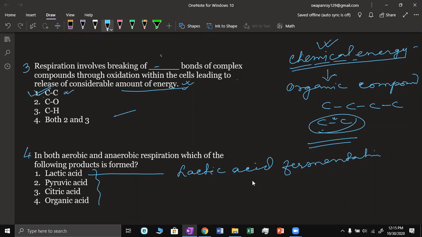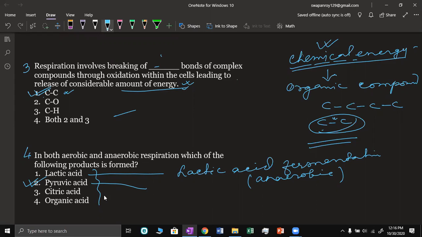Fermentation means it is anaerobic. Is it? The pyruvic acid is common because pyruvic acid is the end product of glycolysis, and only after the formation of the pyruvic acid is it decided whether it will go for the aerobic or for anaerobic.